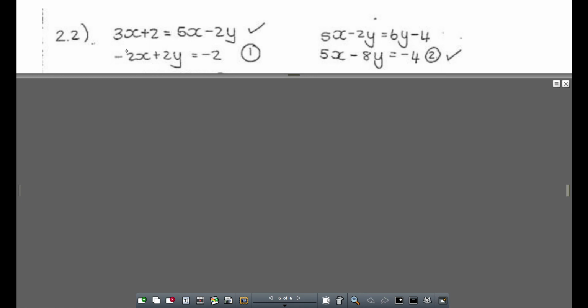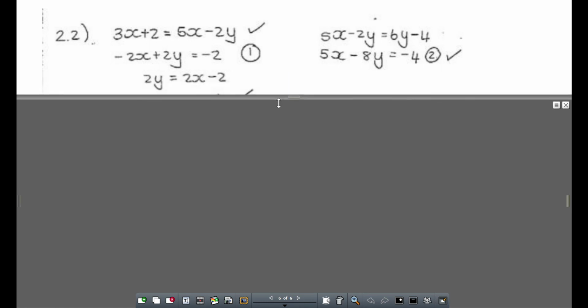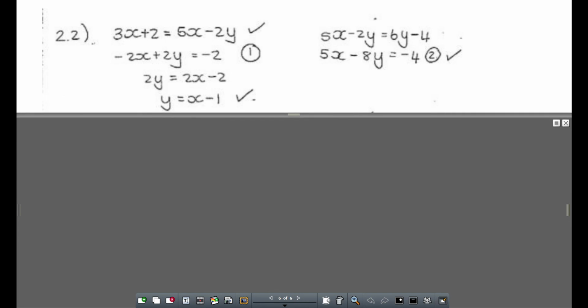Okay, so if I take equation 1 and I simplify that by taking the x value over, it's going to give me 2y is equal to 2x minus 2. I only want y as the subject, which means I've got to get rid of that 2. So I'm going to divide every single thing in that equation by 2. Which means I will have y is equal to x minus 1.